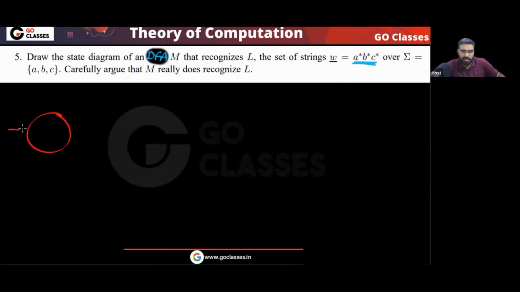So what will happen in the initial state? Tell me, should the initial state be final or not? Yes, the initial state should be final because you are accepting the empty string.